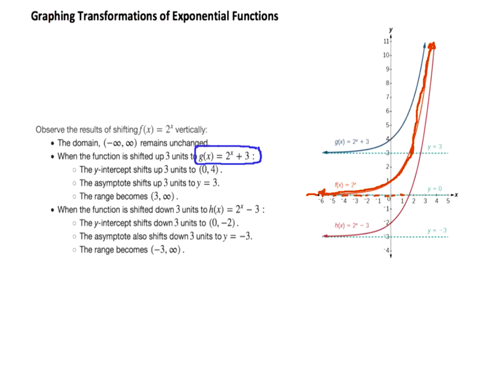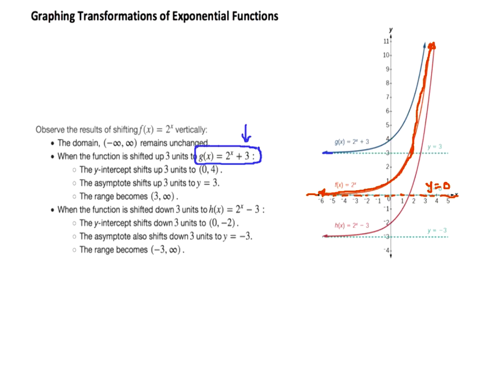I have my horizontal asymptote at y equals 0. If I add 3 to the outside of the function, meaning after I've already raised that value to that variable input, then I shift this thing up 3.